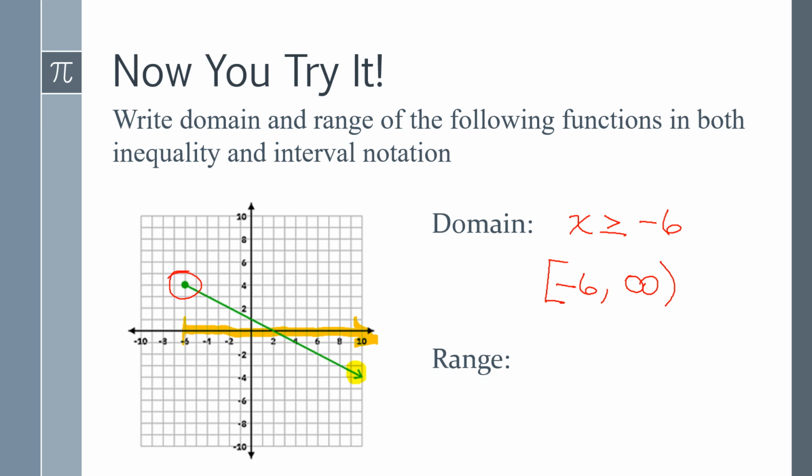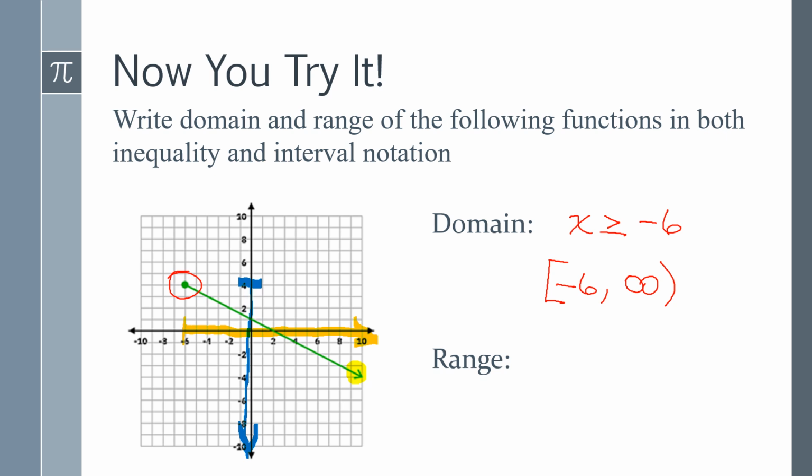Now our y values start at +4, and they travel down. Now, our y values, as we stated, start at +4 and go down.